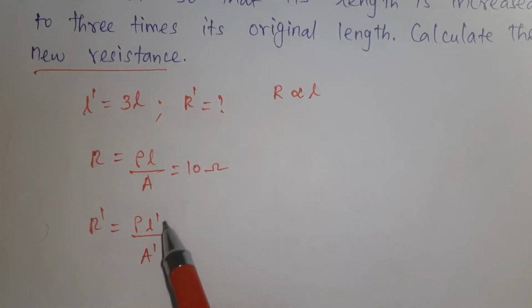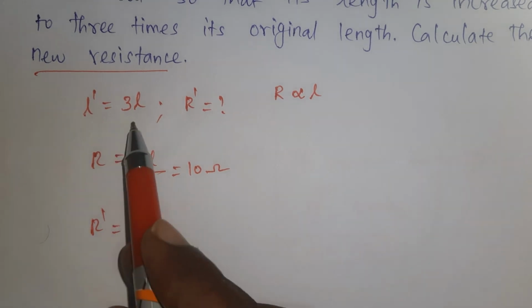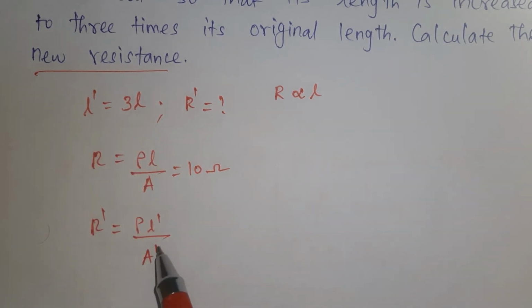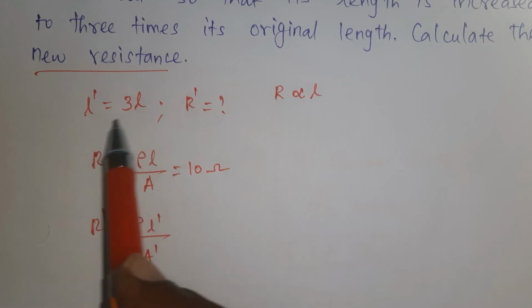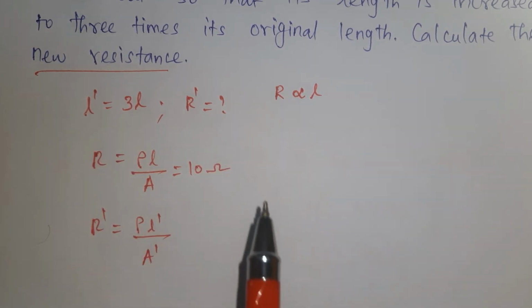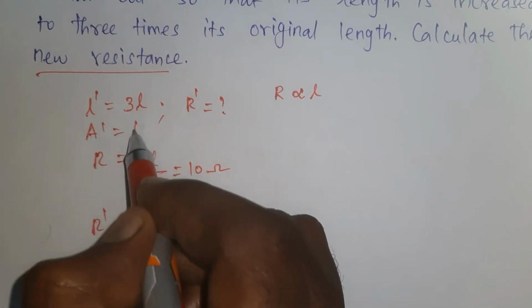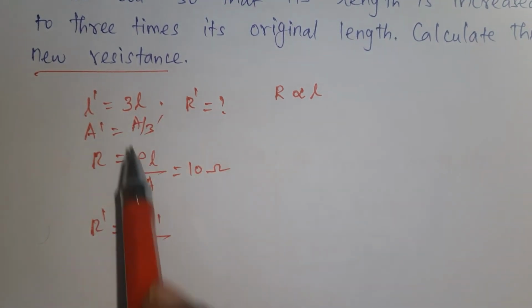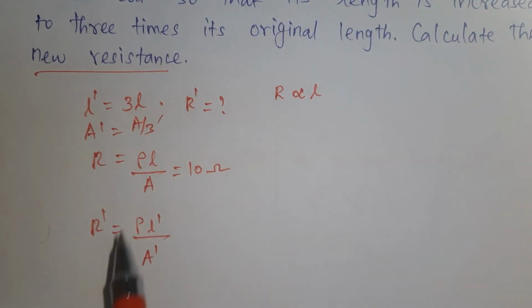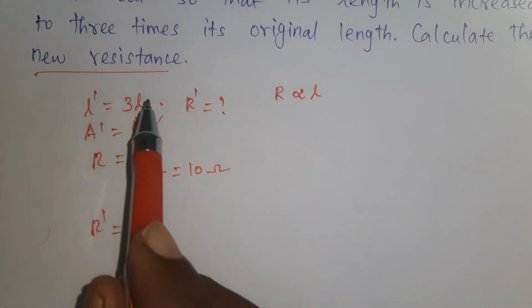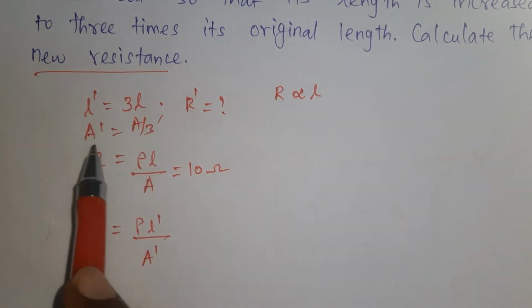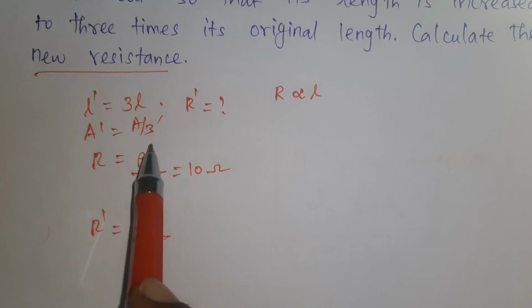If there is a change in the length by 3 times, there is automatically a change in the area of cross section of the wire. If the length is increased 3 times, the thickness of the wire is going to decrease. So your length is increased 3 times, so the area will be decreased 3 times. So A dash will be A by 3. This is hidden in the question. So we should know that if the length is increased 3 times, automatically the area will be decreased by 3 times.